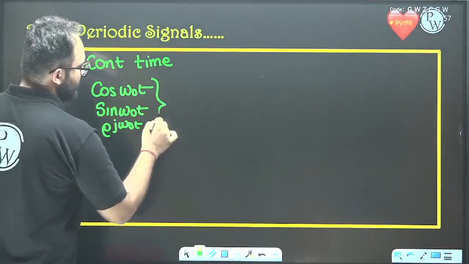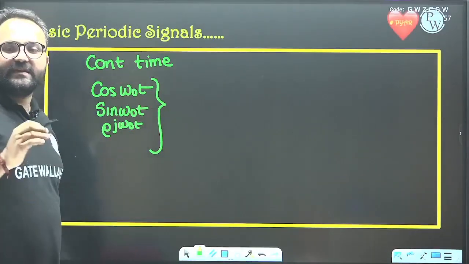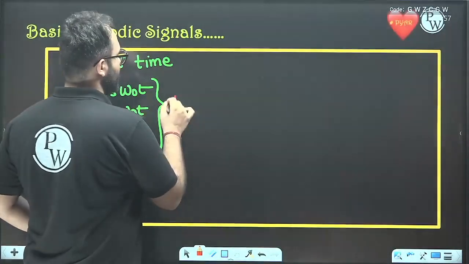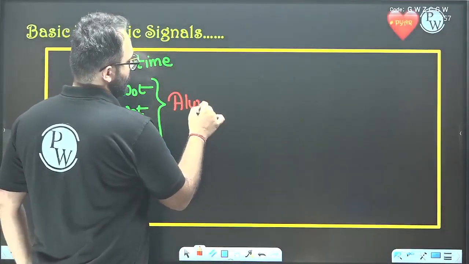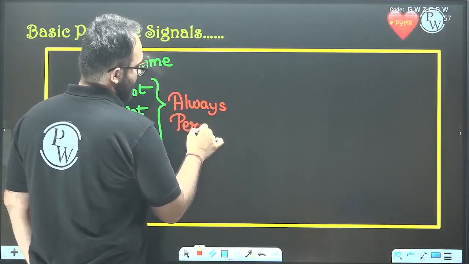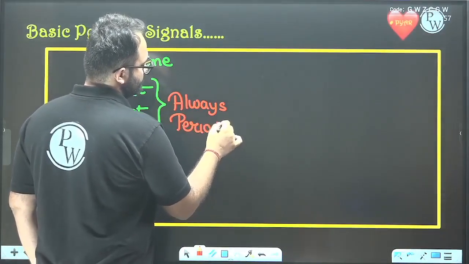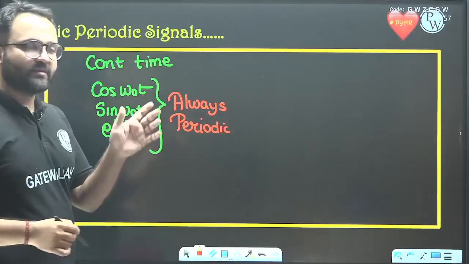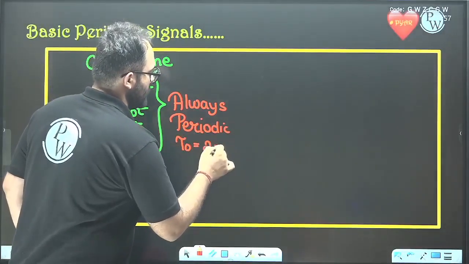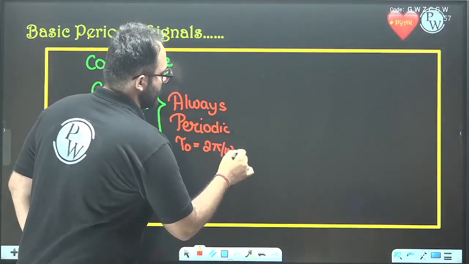Are they always periodic? Yes, these are always periodic. Remember that these are always periodic with the period 2 pi by omega naught.